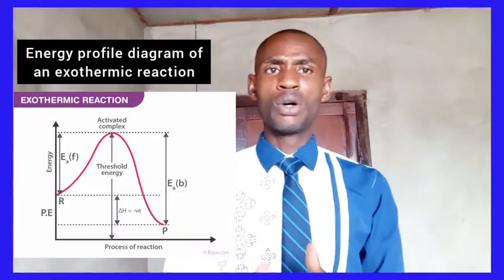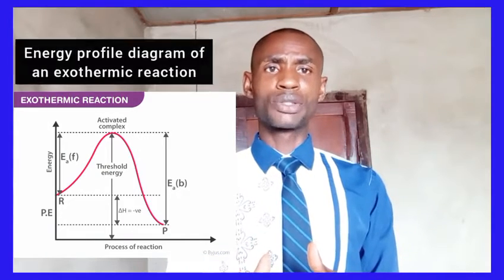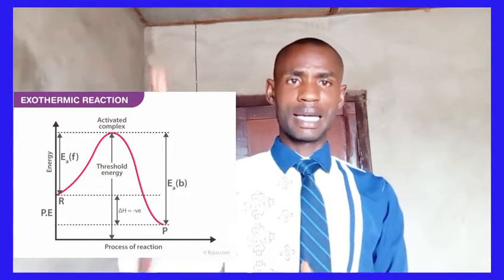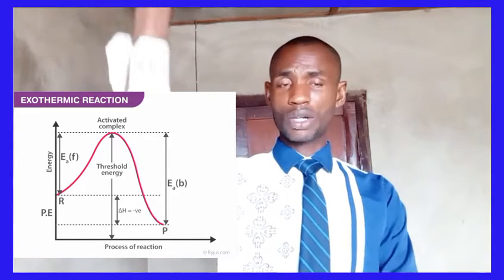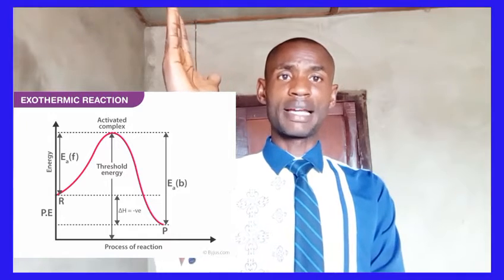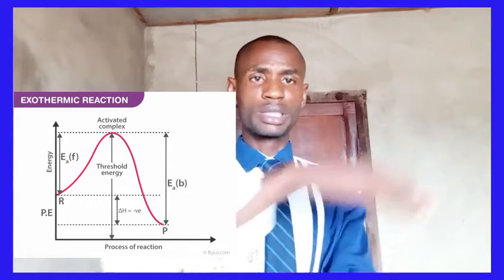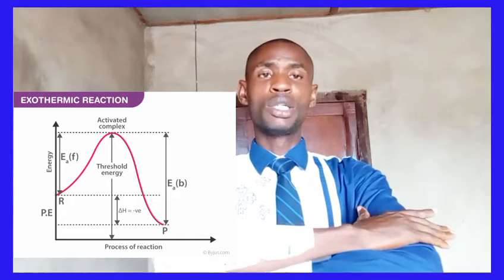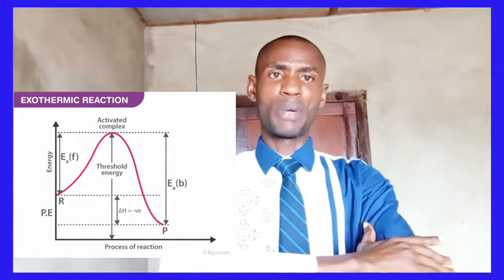Okay, let's quickly consider the energy profile diagram of exothermic reactions and then endothermic reactions. If you look at the screen there, for the exothermic reaction, the vertical line shows the chemical energy, and the horizontal line shows the reaction pathway.